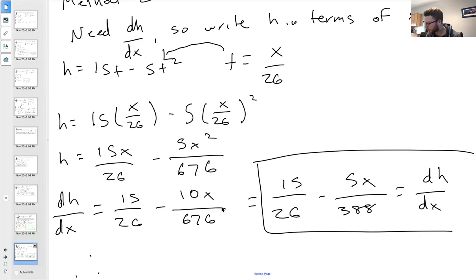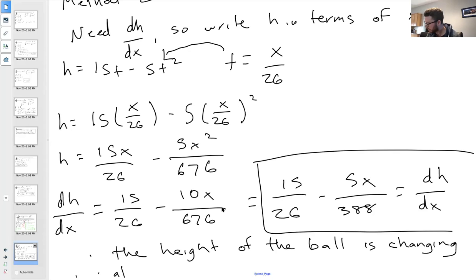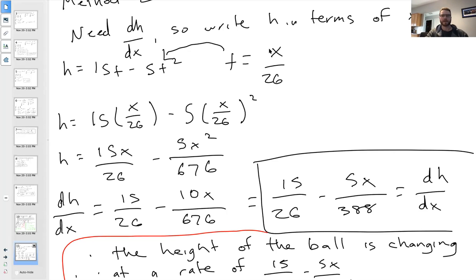So therefore, the height of the ball is changing at a rate of 15 over 26 minus 5x over 338. That's meters per second, is it?